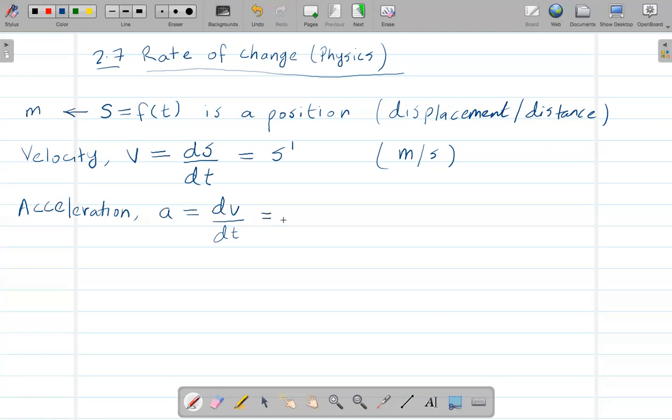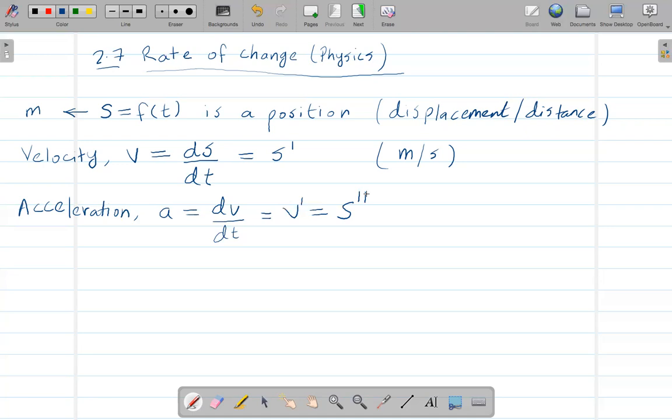Since dv over dt is taking the derivative of v, we can simply write v prime, or since we're taking the derivative of this s function twice, we can write s double prime. This means we're taking the derivative of this s two times, right?